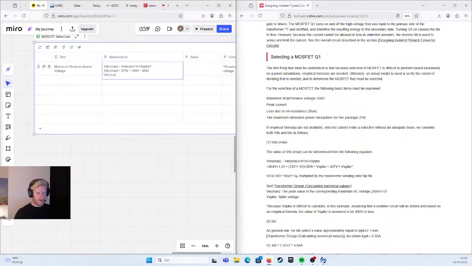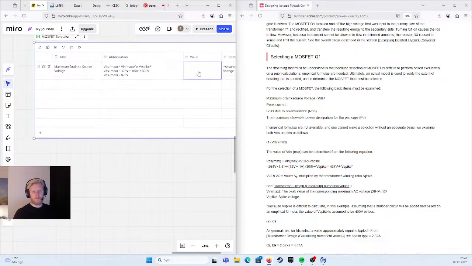VDS max then needs to be at least 875 volts. I don't know if everything is reasonable, but it says this here at least. I can always Google.